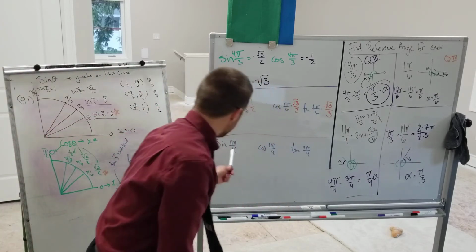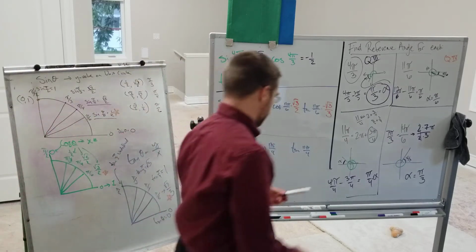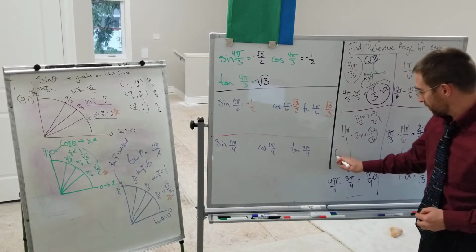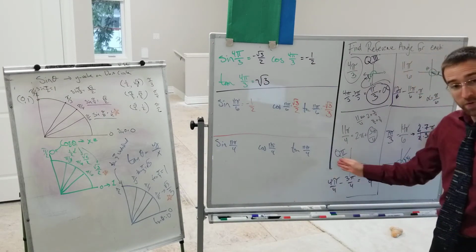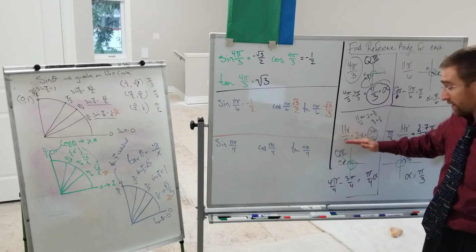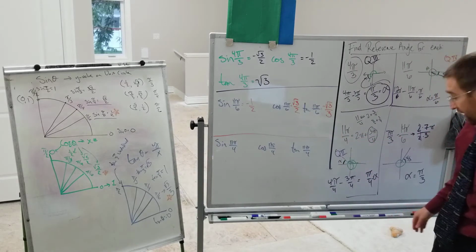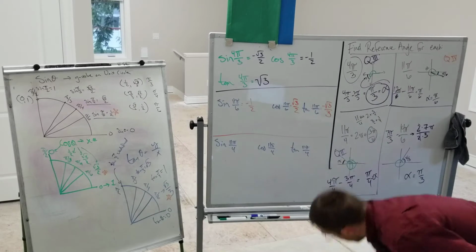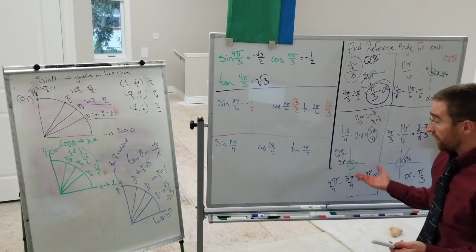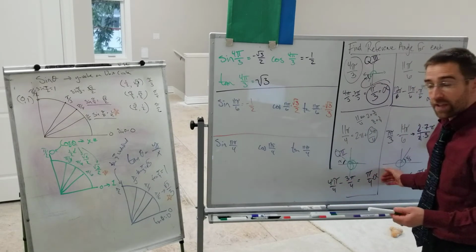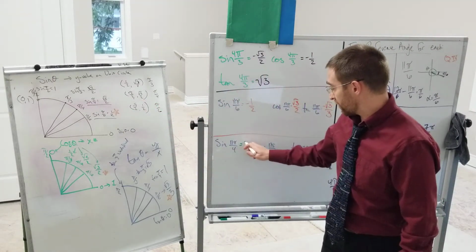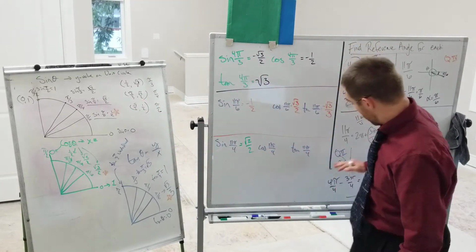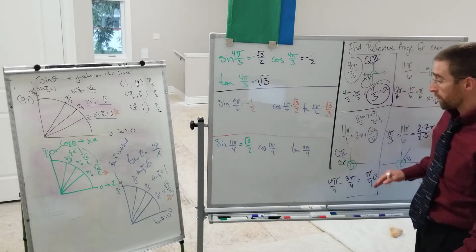All right, if I'm at 11 pi over 4, here we're in quadrant 2. So that means cosine is negative, sine is positive, tangent's negative. So let's just do it. Sine of 11 pi over 4, reference angle is pi over 4, it's going to be root 2 over 2, and it's positive because we're in quadrant 2.